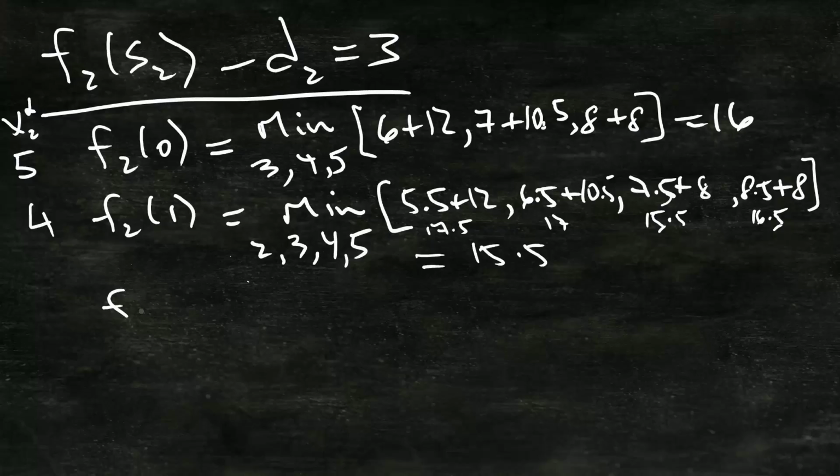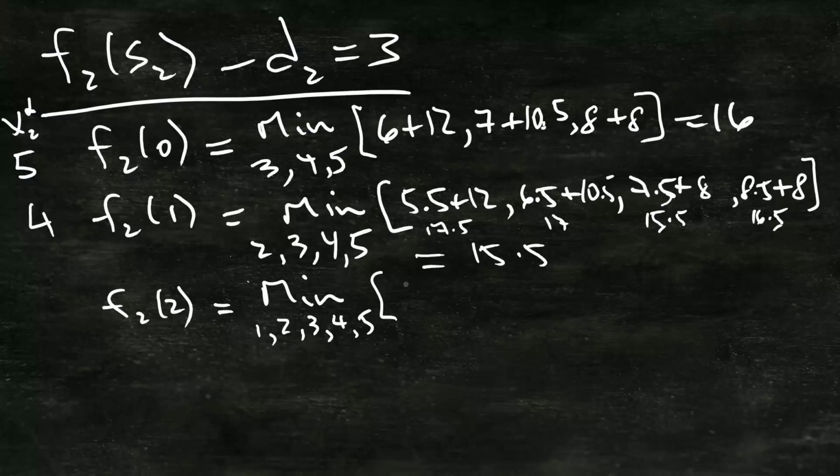And if we have 2 units, we need to produce at least 1, 2, 3, 4, or 5. 5 plus 2 is 7, minus 3 is 4, so we're fine. And if we produce 3, plus 1 is 4, plus 1 for the over, and that's 5.